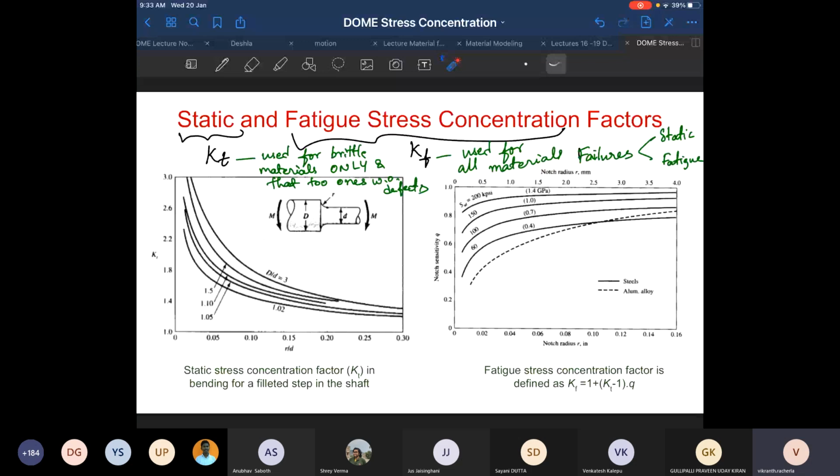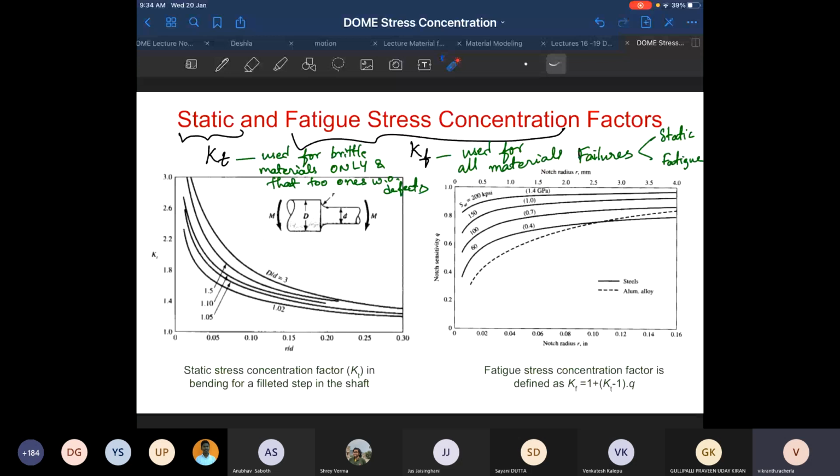Then the graph is for this particular bar subjected to bending moment M. For this loading and this geometry, the static stress concentration factor is given as a function of the fillet radius divided by the diameter of the smaller bar, and you have graphs for different values of capital D divided by small d. In most cases, capital D divided by small d would be small only, it will not be very high.